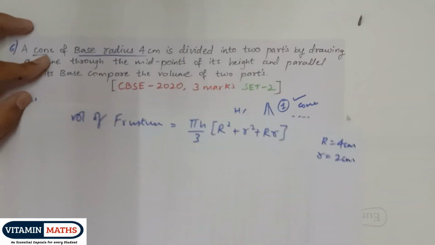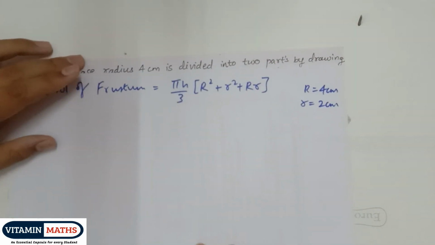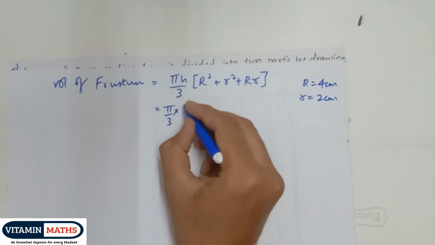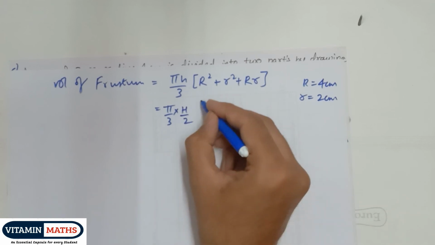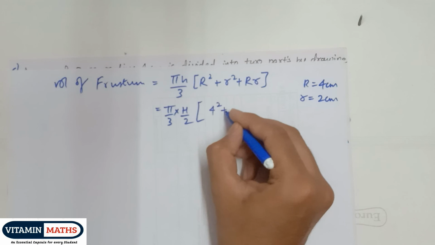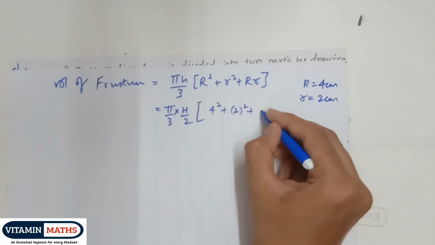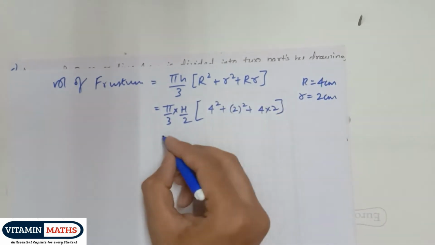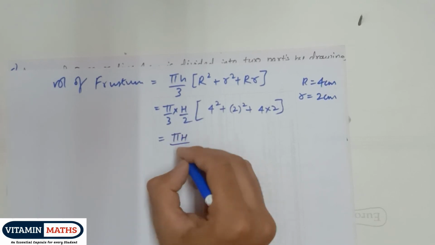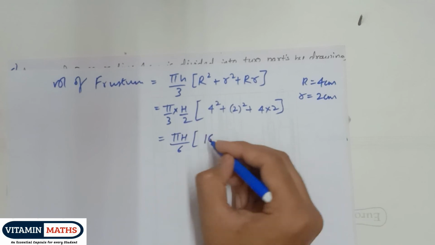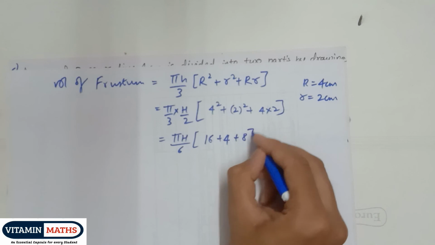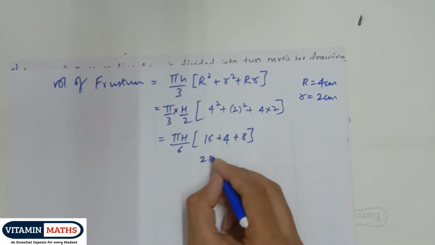Now the height here is h by 2. So this is pi by 3 as it is, height h by 2, and the radii are 4 square plus 2 square plus 4 into 2. So this is pi h by 6 into 16 plus 4 plus 8, which is total 28.